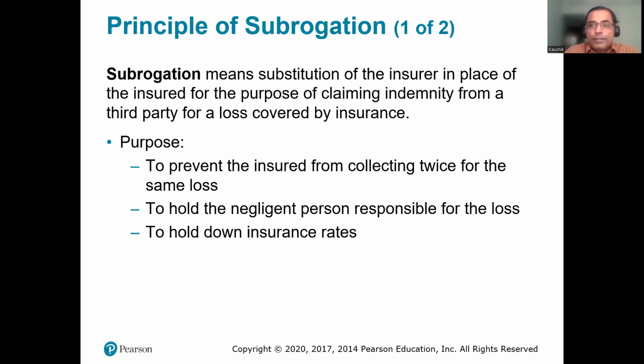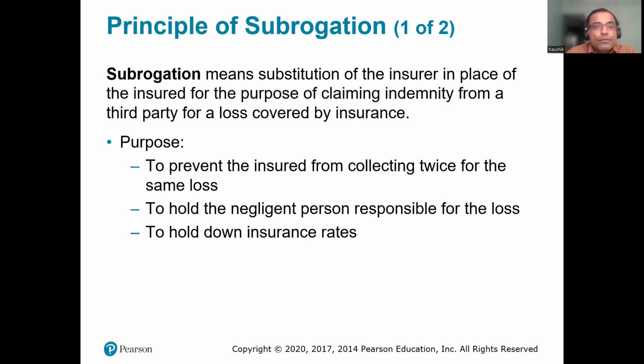The next is the principle of subrogation. In this case, the insurer is able to claim compensation from a third party on behalf of the customer. So this principle ensures that the customer is not able to collect compensation twice, once from the third party and once from the insurer.